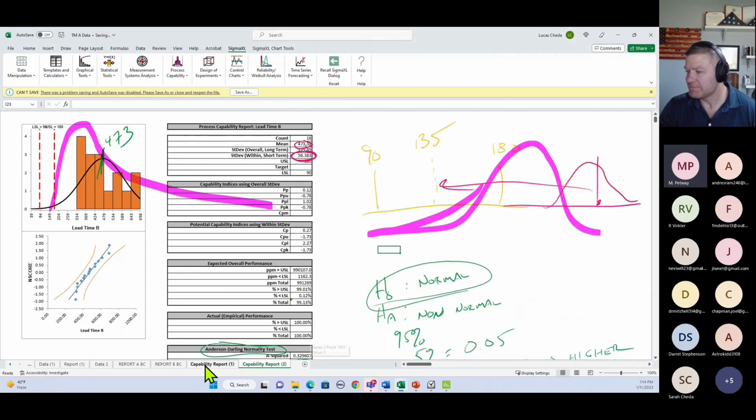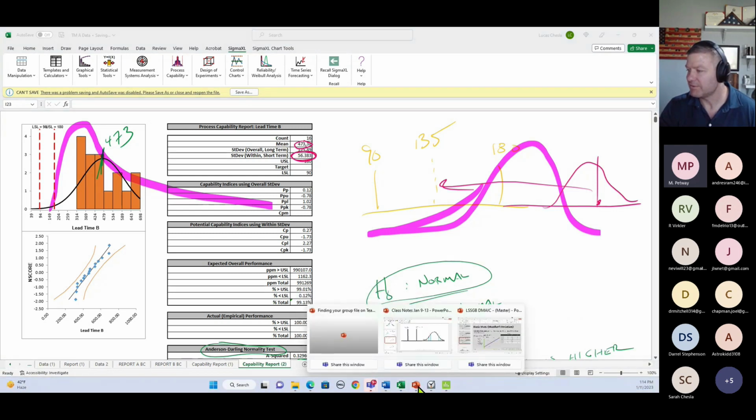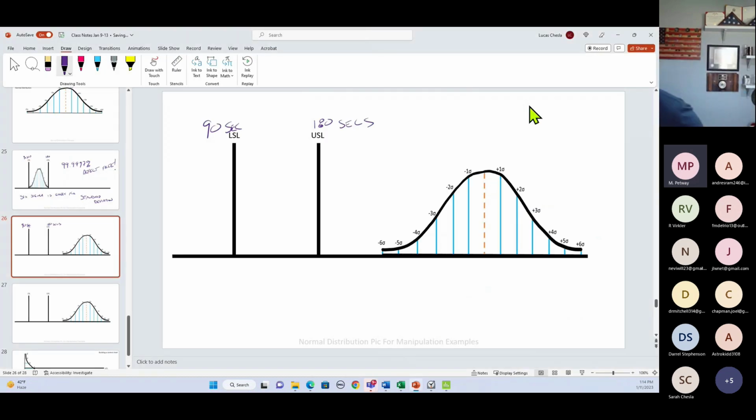So team B, let's use your data. Our mean is 473, and the standard deviation equals 56-ish.